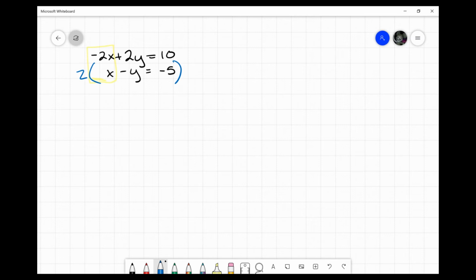I'm just going to treat this as a big distributive property, so 2 times x is 2x, and 2 times a negative y is a negative 2y, equals 2 times the negative 5, which is negative 10. The top equation, I'm not going to do anything. I'm just going to rewrite it. And so we can now add these together.